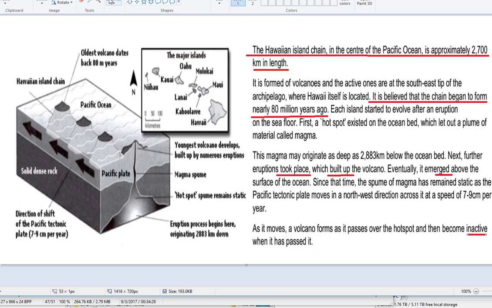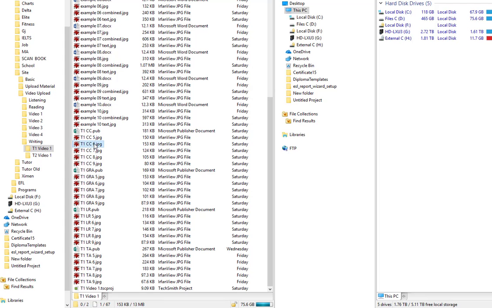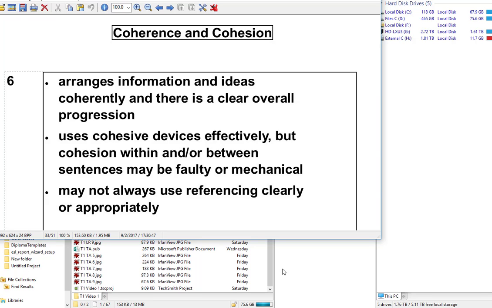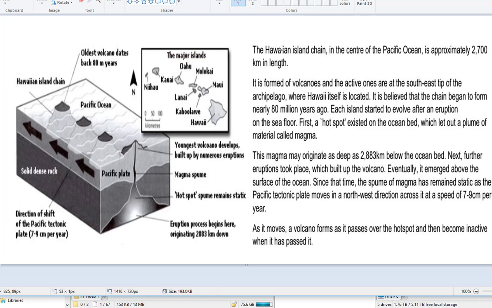Let's go on to look at the next criteria. Let's see if I can get a 6 for coherence and cohesion. Okay, so there's some referencing there to the island chain. It's formed of volcanoes. Okay, active ones. So the ones referring back to volcanoes, that's good.